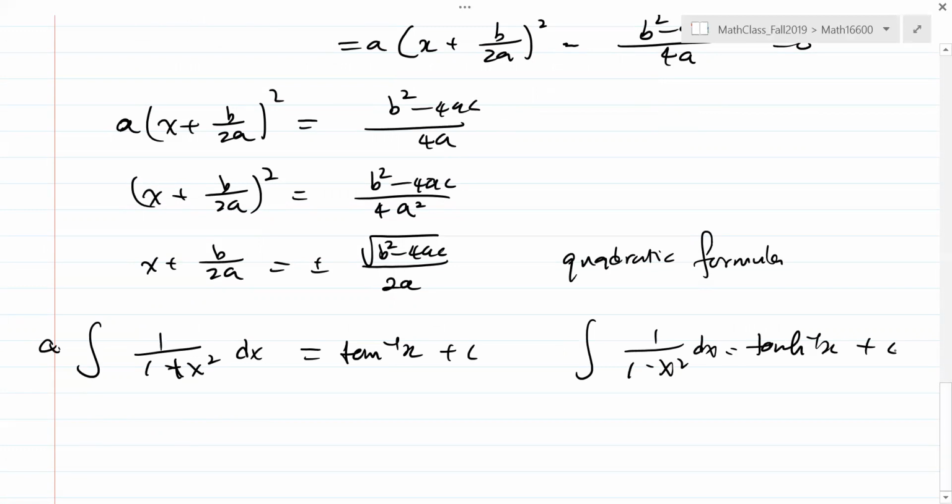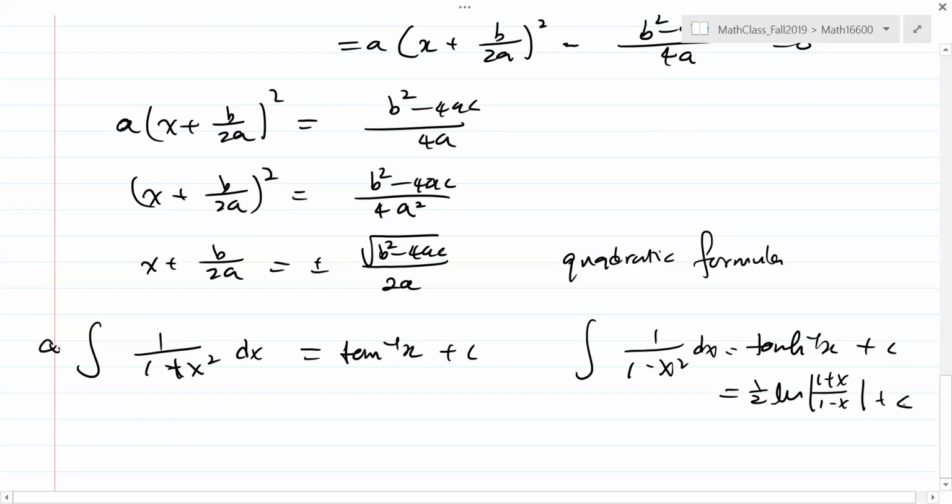Okay. If we know those two integrals, of course, I have another expression for this: half of natural log, absolute value of 1 plus x over 1 minus x, okay? And there's another version for that, but for the arctangent x, I don't have.